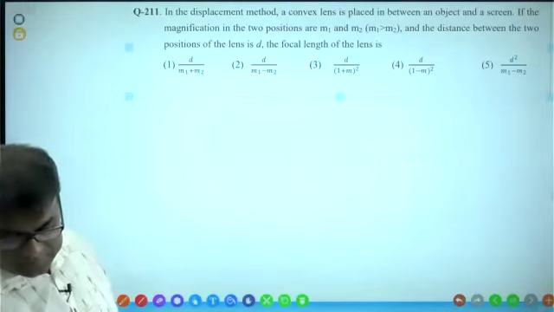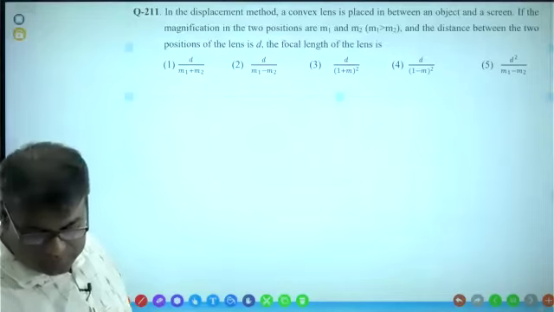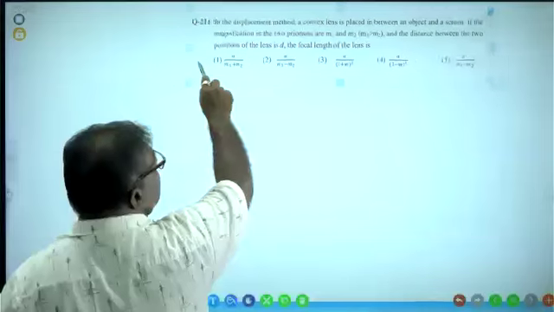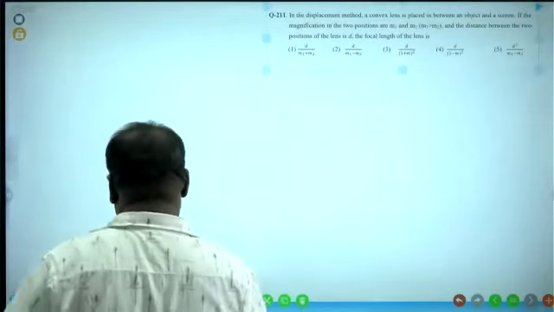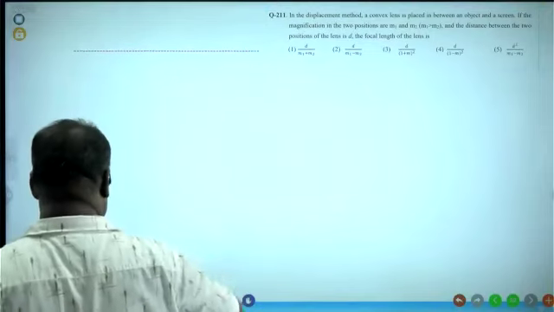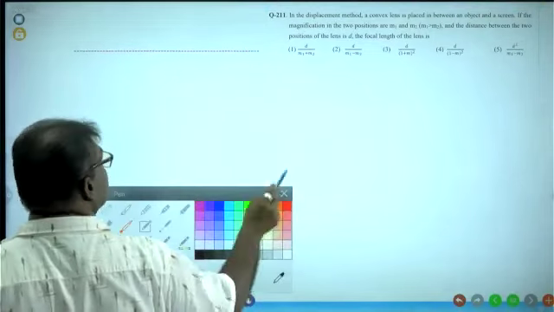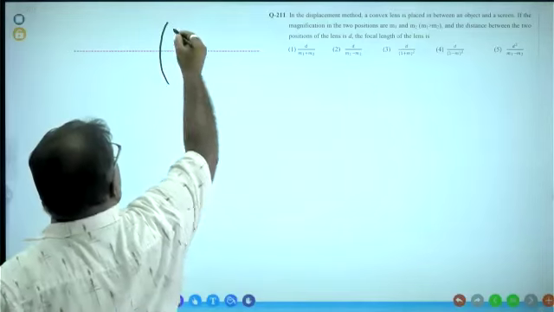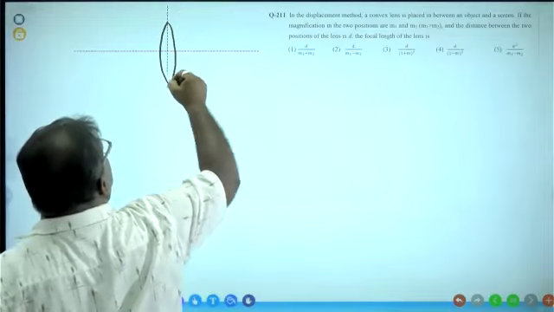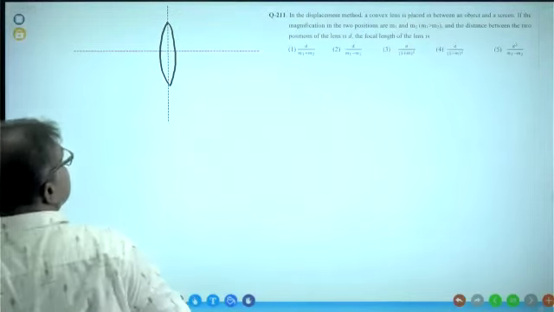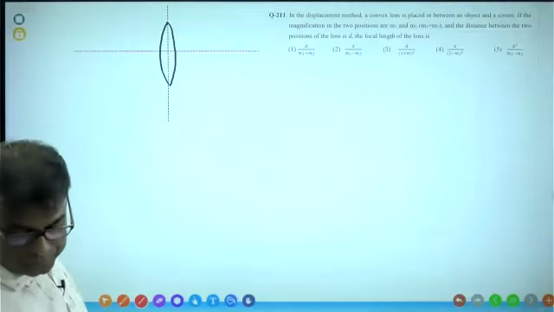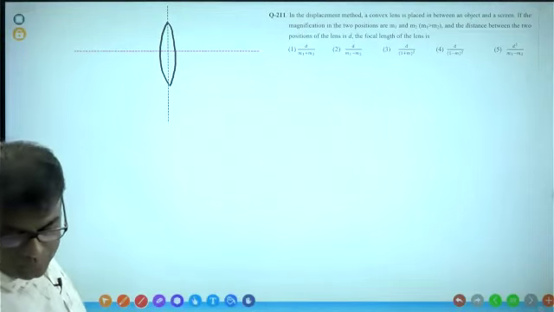In the displacement method, the convex lens is placed in between an object and a screen like this. Here we have the convex lens. The real image is formed.